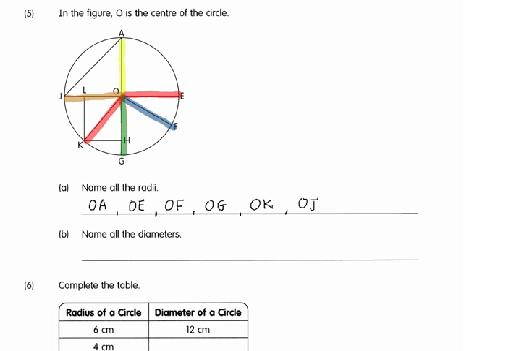Okay? Do you know what is called systematic listing in mathematics? That's why I start from A, E, F, G, K, J. This is how you do your work systematically during mathematics. How you practice, how you do it during exam. So, are you done with the radii?